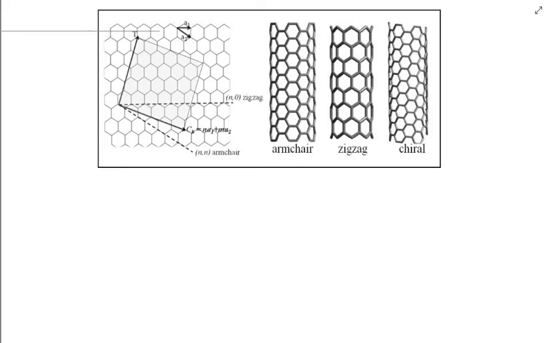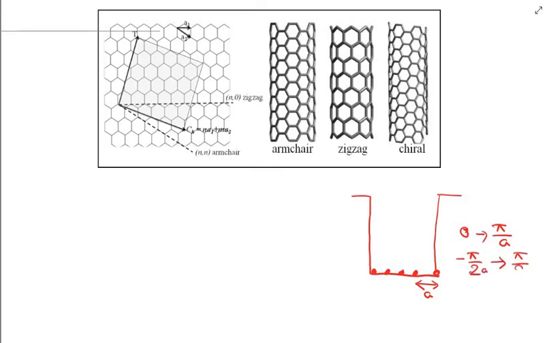This is the same as saying that if we have an infinite potential well like this, and this potential well consists of 5 atoms with interatomic distance a, then the range of k values can extend from 0 to pi by a, or from minus pi by 2a to pi by 2a.